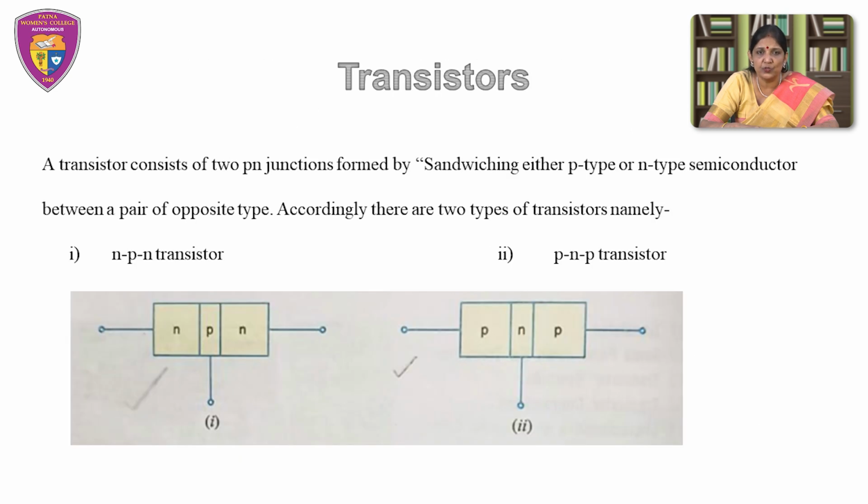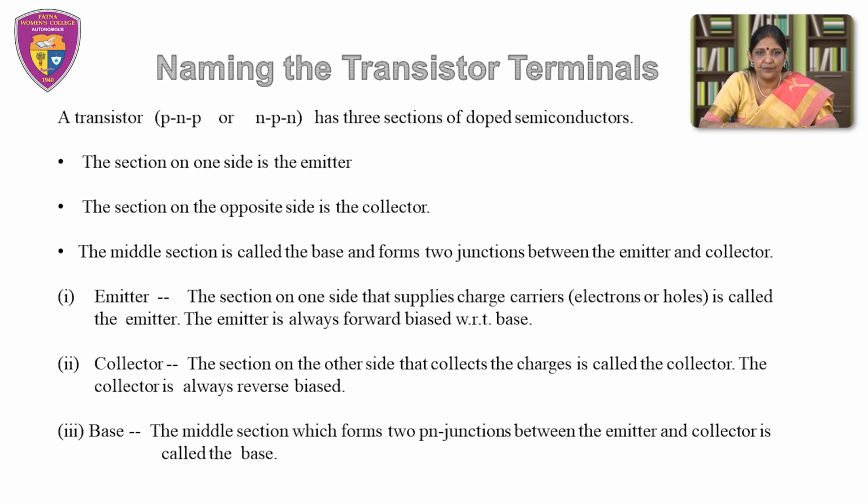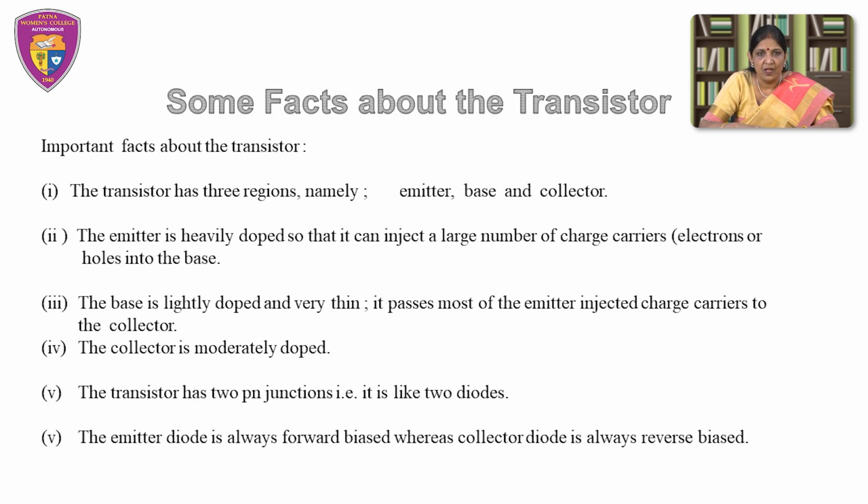Similarly, in figure 2, the collector N-type of NPN transistor has a reverse bias and receives electrons. Now the base. The middle section, which forms two p-n junctions between the emitter and collector, is called the base. The base-emitter junction is forward biased, allowing low resistance for the emitter circuit. The base-collector junction is reverse biased and provides high resistance in the collector circuit.